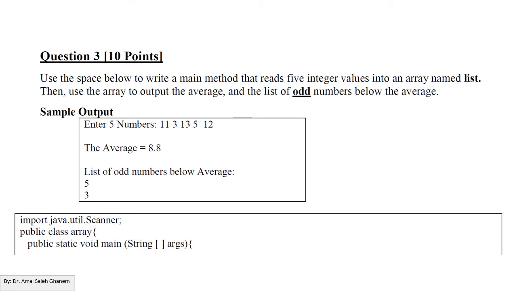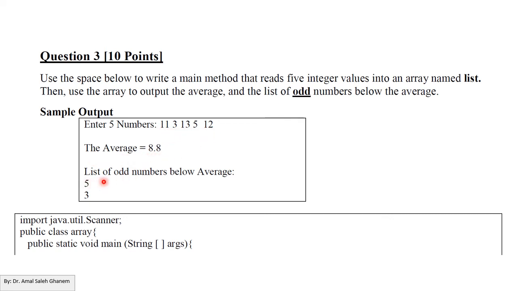As an exercise, we have another question that says, write a Java program that will read 5 integer values into an array named list. And then you have to use the array to output the average. And then you have to output the list of odd numbers below the average. There is an example that says enter 5 numbers. So if we assume the input was 11, 3, 13, 5, and 12, the average is 8.8 according to these 5 numbers.